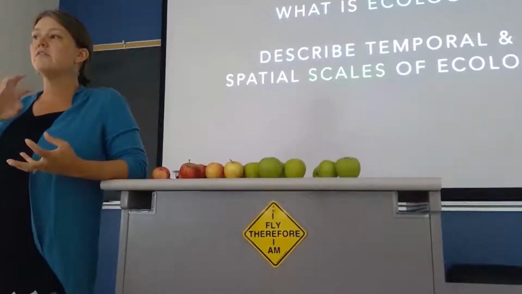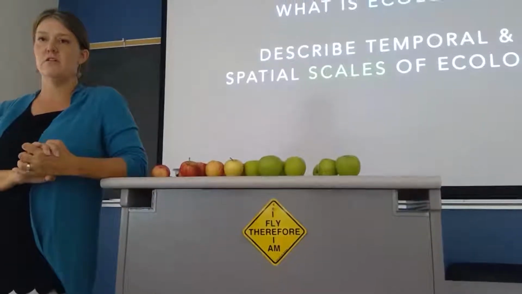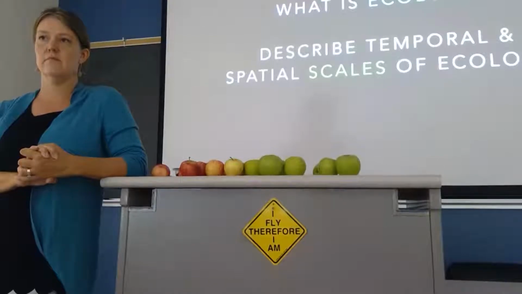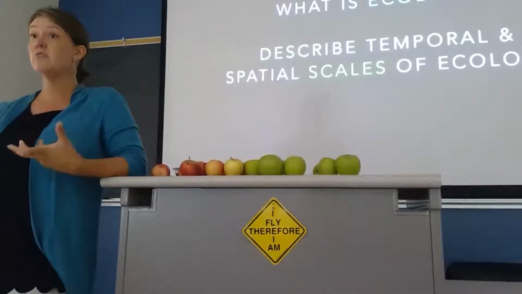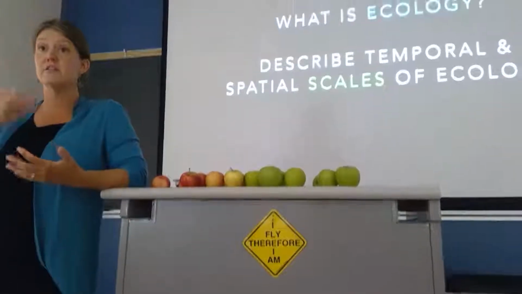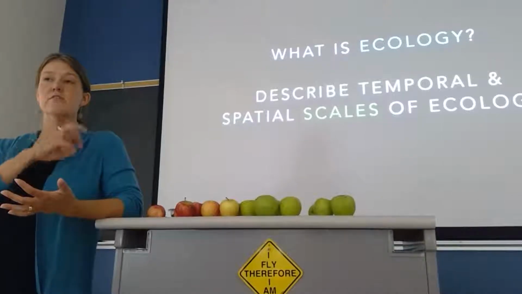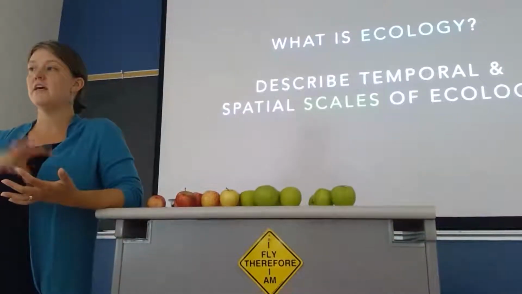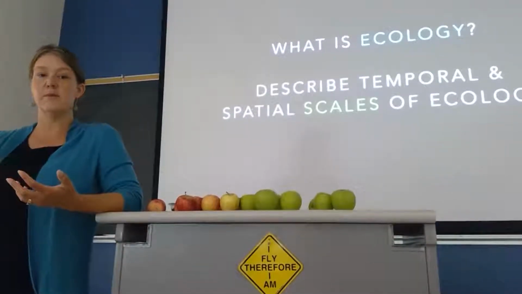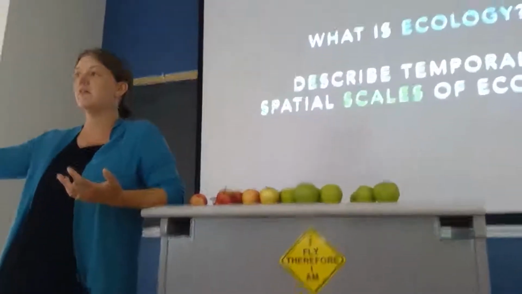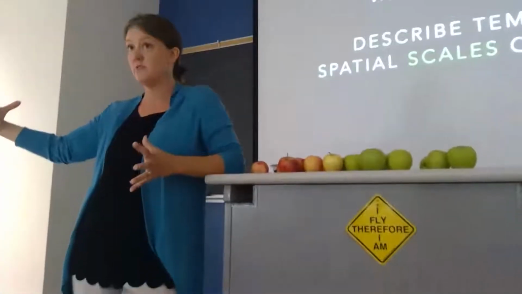What would be an even smaller spatial scale than the community? Be a body. Yeah, like an individual organism and what's happening at their cellular level, okay? That cell level has a really different time and spatial scale than the organism, than the population, the community, the ecosystem, the biosphere.